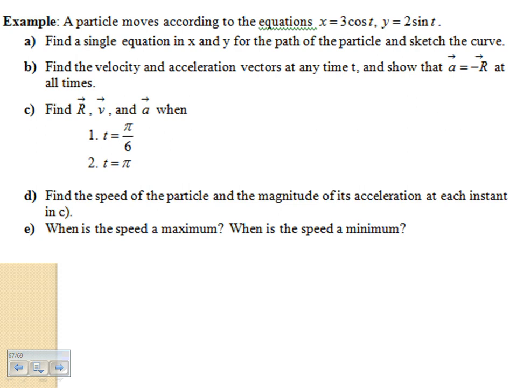We could solve for t, but that would be really gross. In this case, that's not a good idea. So Sarah, what'd you say? Yeah, so we know that cosine squared plus sine squared is what? 1. So go solve for cosine, square it. Go solve for sine, square it, and you'll have your equation.